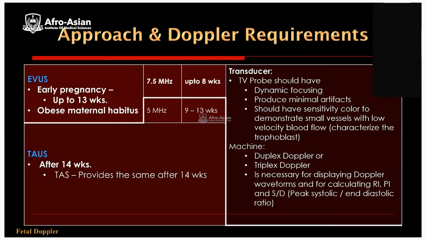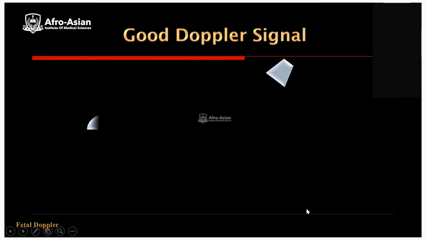The machine, duplex Doppler or triplex Doppler, is necessary for displaying Doppler waveforms and for calculating RI, PI, and S/D ratios.